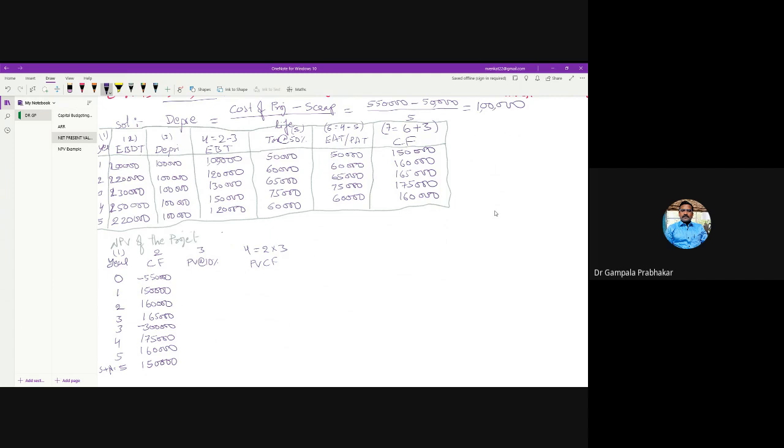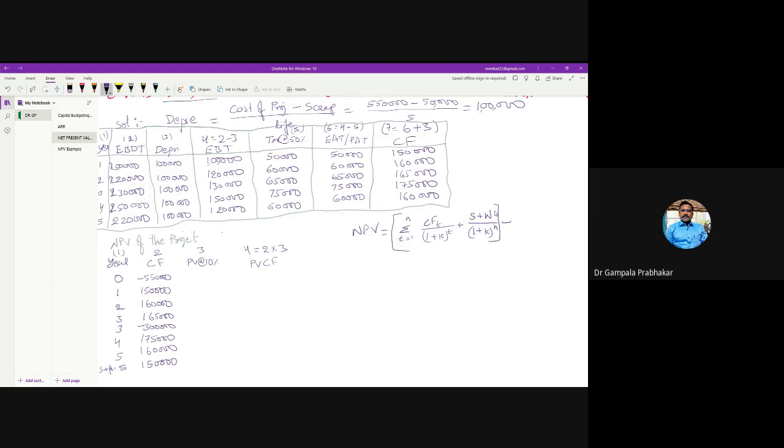Already I said the formula for this, right? Summation T1 to N, cash flow at T by 1 plus K power T, if any scrap value or working capital is there, that also consider by 1 plus K power N, minus, this is the inflow of the project, right?